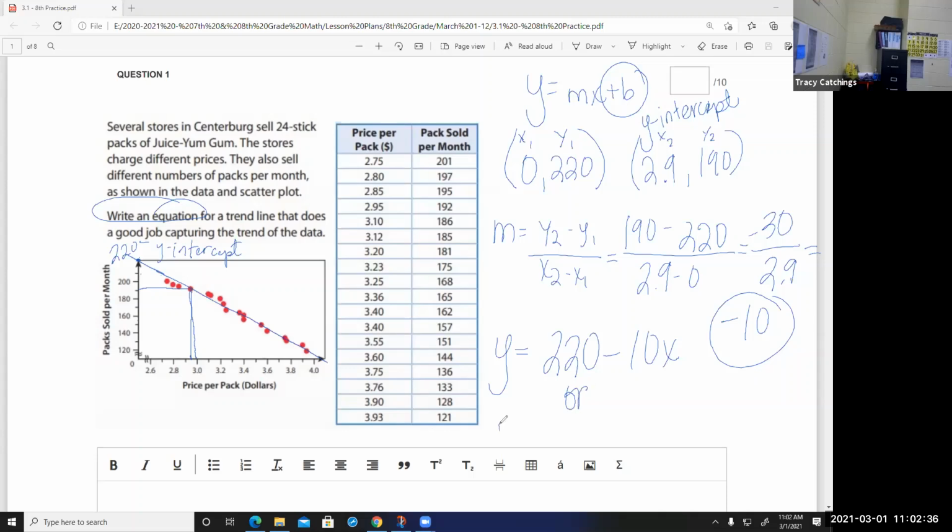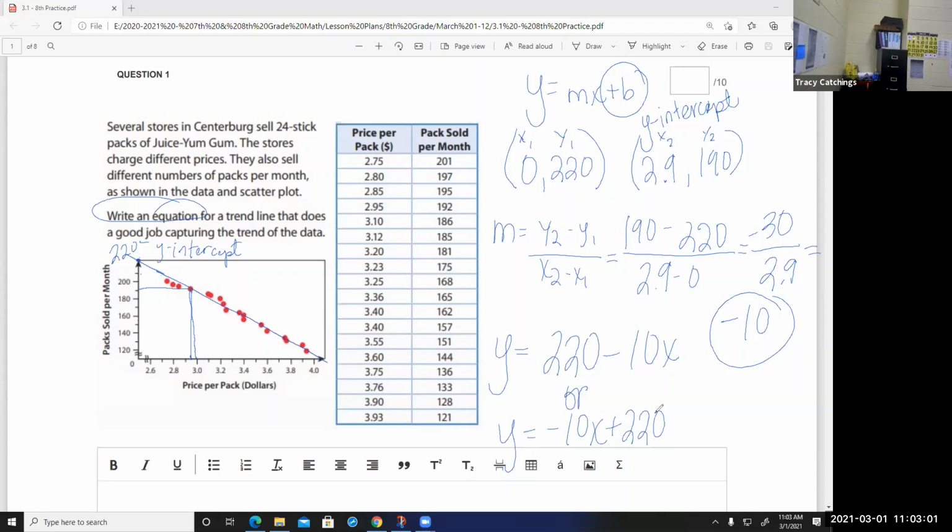Or you can write it with the slope in the front, y equals negative 10x plus 220. And that will both be the same thing. So you need one or the other. Of course, you need to know how we found that slope. Any questions about it? Okay, let me know when you get it.